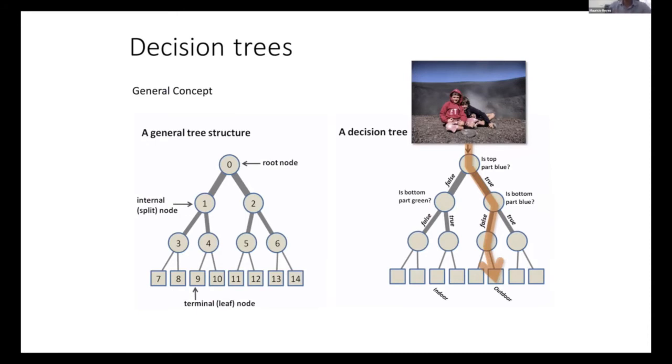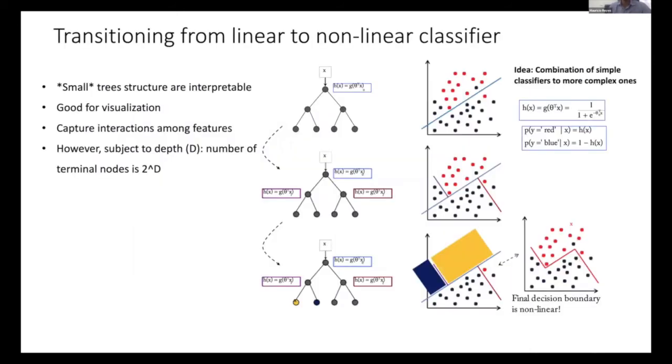Now, this is understandable because, first, if I don't have a very deep tree, I have very few rules, right? So I can really explain them individually. Now, each of these rules is a simplification. What you see here is a tree, and on the right, you see how the data is being split by each node in the tree.